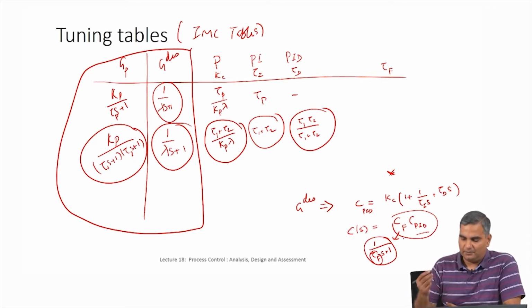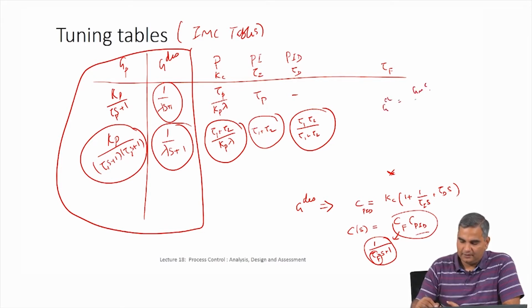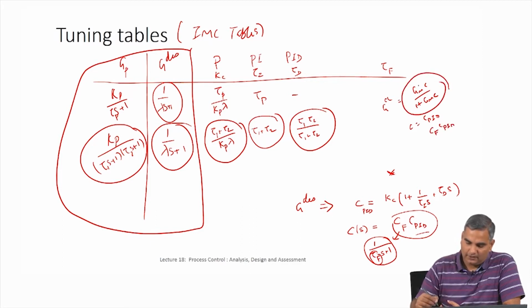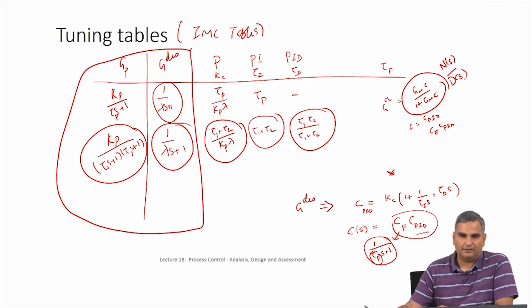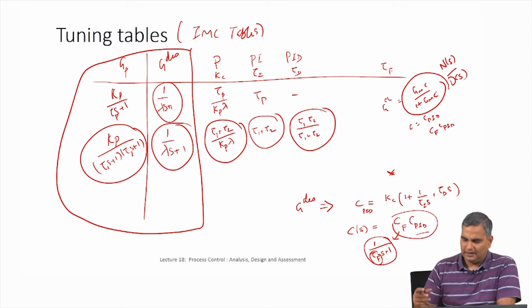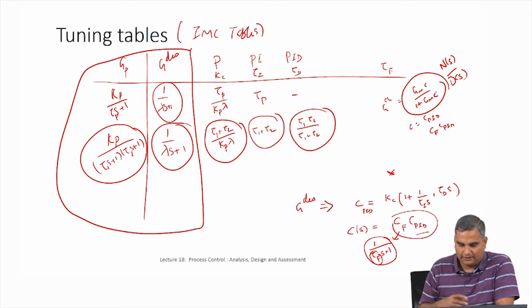Nothing happens, because remember the closed loop transfer function is basically GMC by 1 plus GMC. Whether the C is CPID or C is CF times CPID does not really matter, because once I put any controller here, I am going to simply analyze this as a numerator by denominator, and I have already shown you many times how you analyze such transfer functions. So this adds only another wrinkle in terms of more terms, but conceptually nothing changes at all.